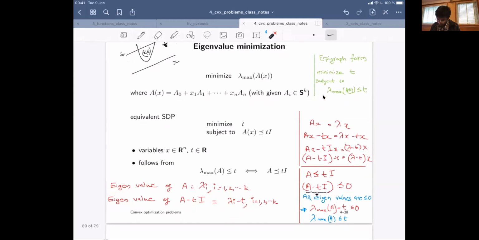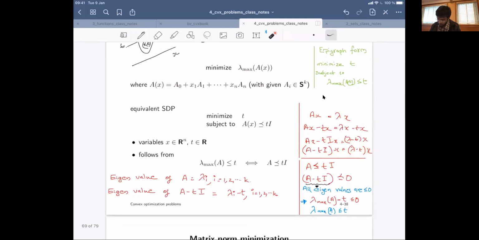Here I am just showing a simple way how it is happening; you can read it later. Now let's take A less than or equal to tI. That means A minus tI is less than or equal to 0, which is an inequality with respect to the PSD cone.